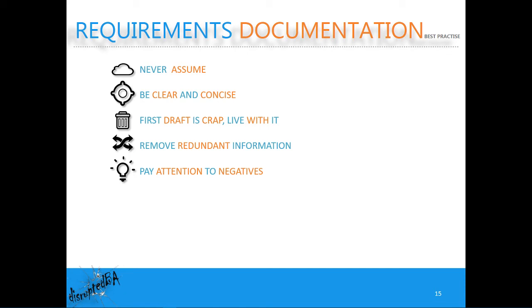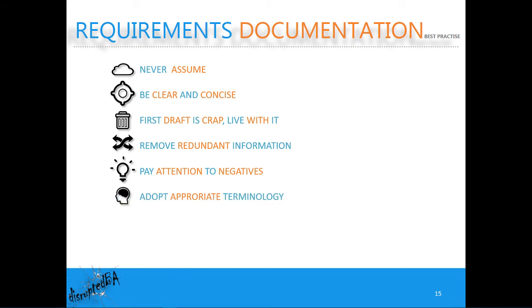What we almost always fail to do is list what we shouldn't do, or what we should do if something goes wrong. In other words, the negatives. If we don't list or pay attention to the negatives, somebody will make an assumption, and that assumption might be wrong, and it will result in rework or some unhappiness on somebody's part. So pay attention to negatives and make sure you state what needs to happen in a negative condition.